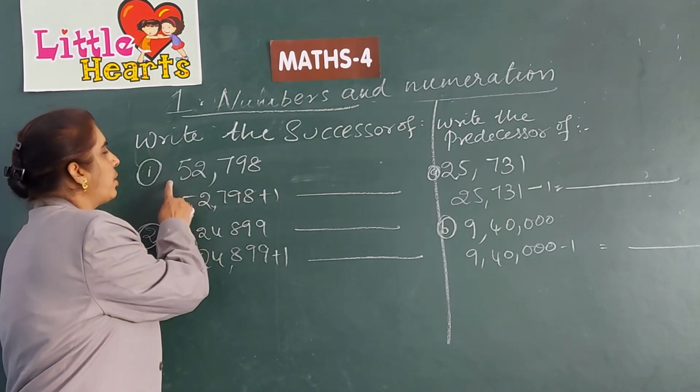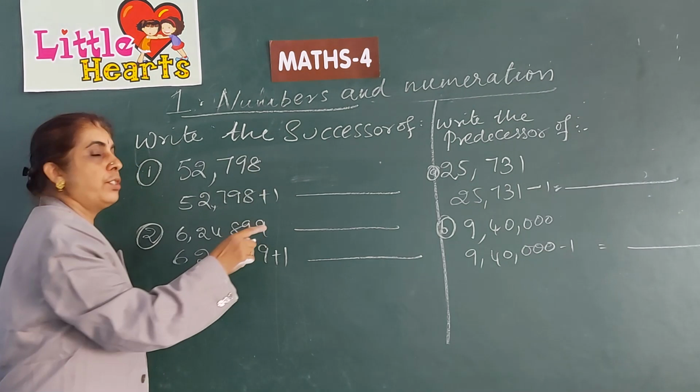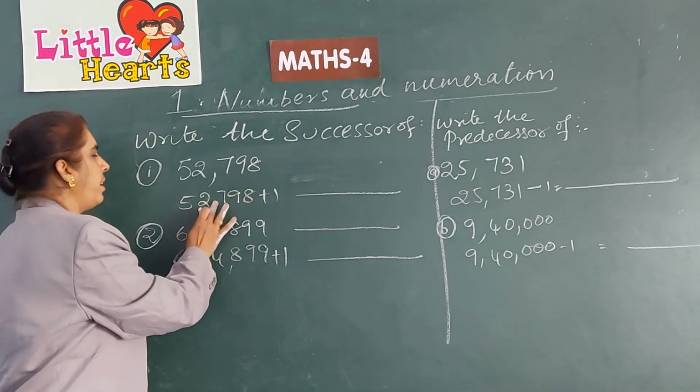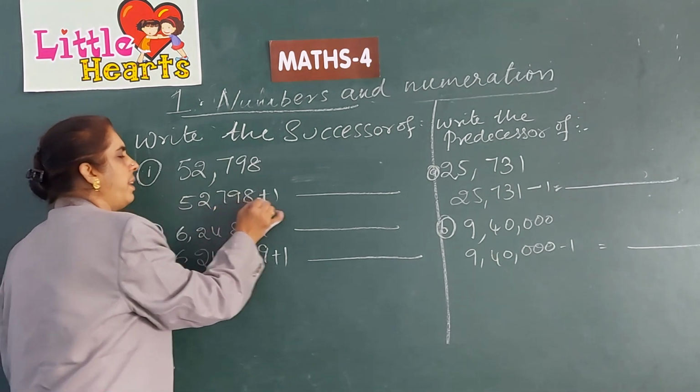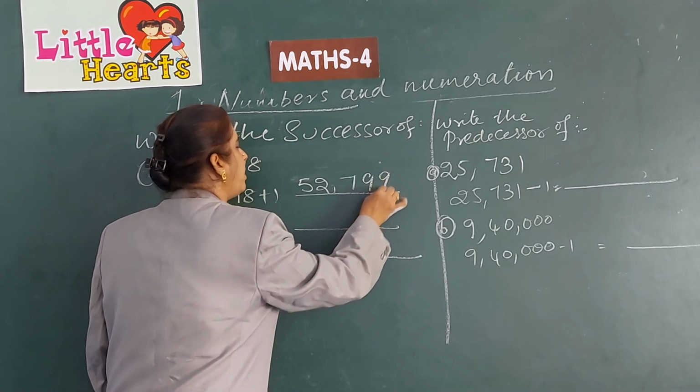Write the successor of 52,798. To get the successor, add 1 to this number, that is 52,798 plus 1, 52,799.